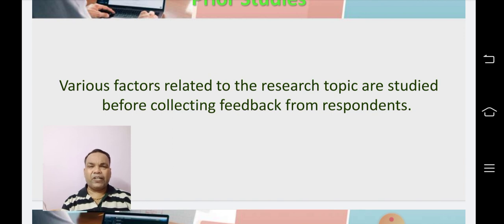In quantitative research, various factors relating to the research topic are studied, and it is only after making prior studies that the data are collected. So, various factors related to the research topic are studied before collecting feedback from respondents.